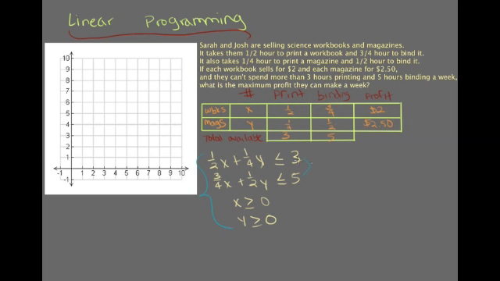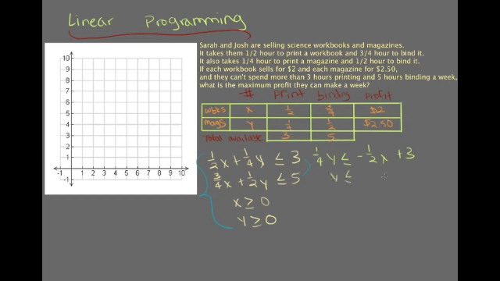So let's put it into a slope-intercept kind of format, so let's isolate the y. So 1/4 y is less than or equal to -1/2 x plus 3. Now we'll multiply by 4 to isolate the y.